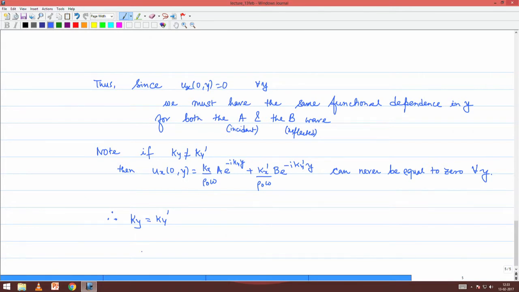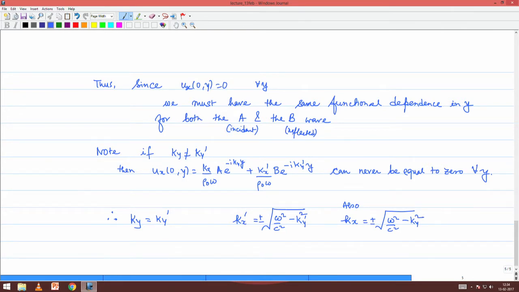Now, if k_y' is equal to k_y, we also know that k_x' has got to be the square root of ω²/c² minus k_y'², right. But with the square root there can be a positive or a negative sign associated. Now, which is the sign that we should select, whether positive or negative? If we select the same sign of k_x' as we had for k_x, what was k_x by the way? k_x also had to satisfy this sort of an equation, plus or minus the square root of ω²/c² minus k_y², right.